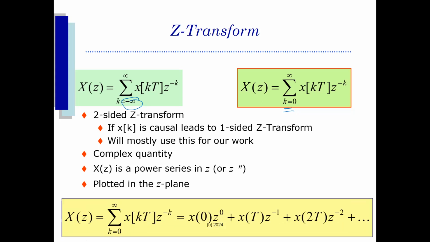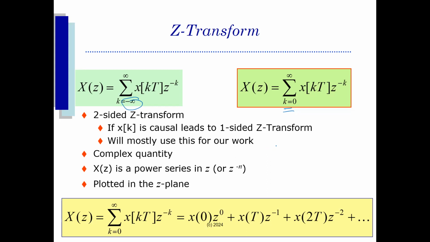So if you expanded it, the Z transform of a sequence of numbers x(kT), let's assume that it is a causal sequence, will be the one-sided transform: x(0) z^0, plus x(T) for the next sample times z^-1, plus x(2T) times z^-2, and so on.